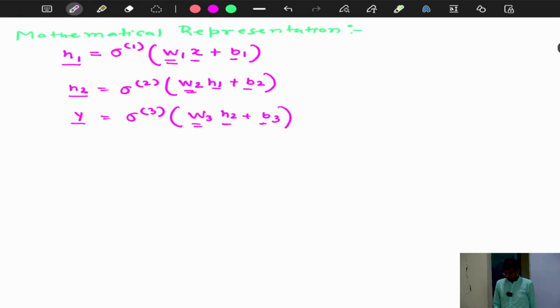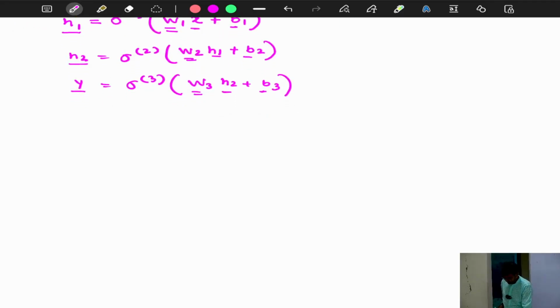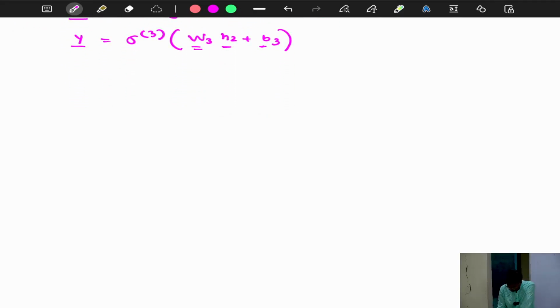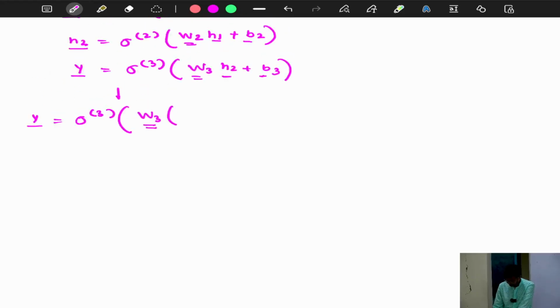Okay. So, now combining these three equations, can you tell me how should I write y as a function of x? I want to write y as a function of x, not through h and all of those things. This h I want to eliminate, which is very simple. We will just substitute them. So, from here we can get y is equal to sigma 3, w3, and then I have my h2.